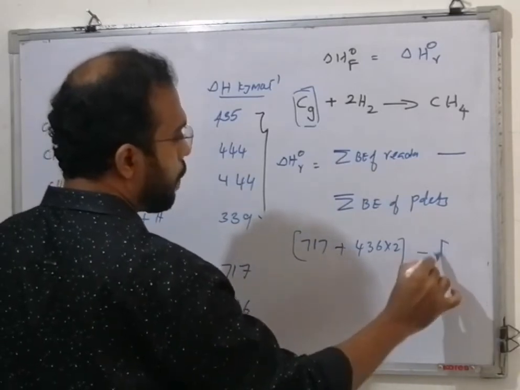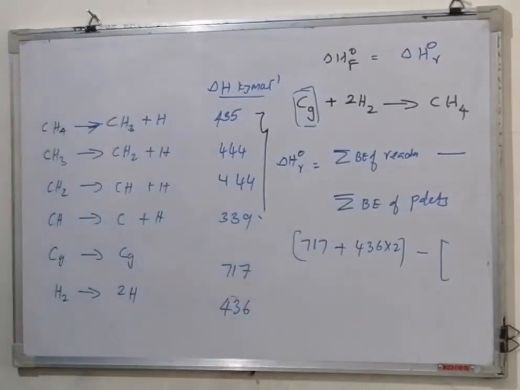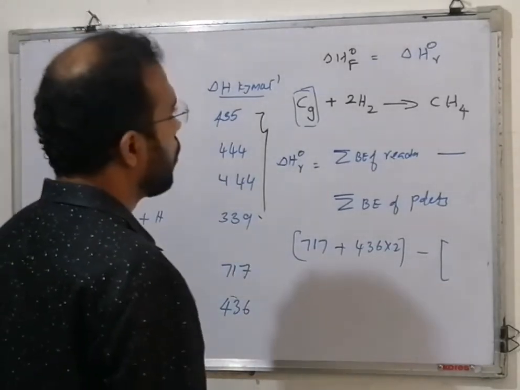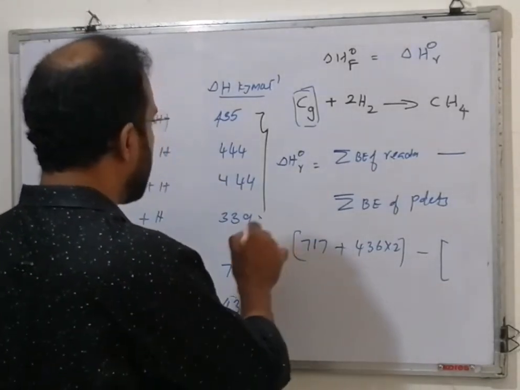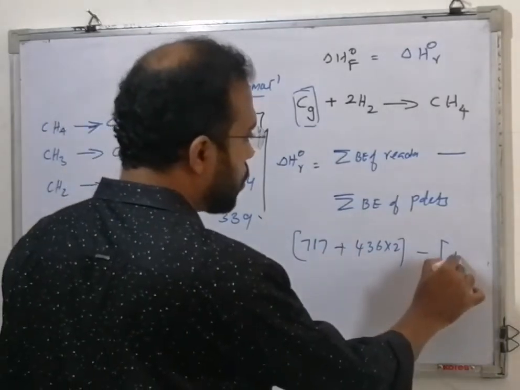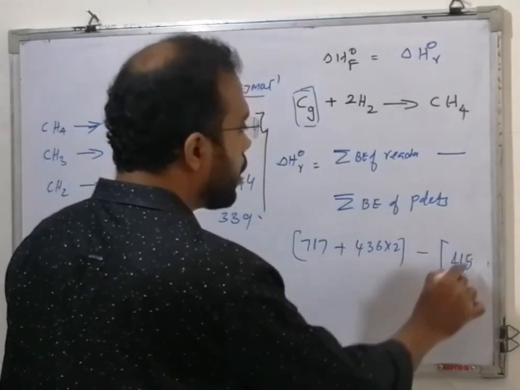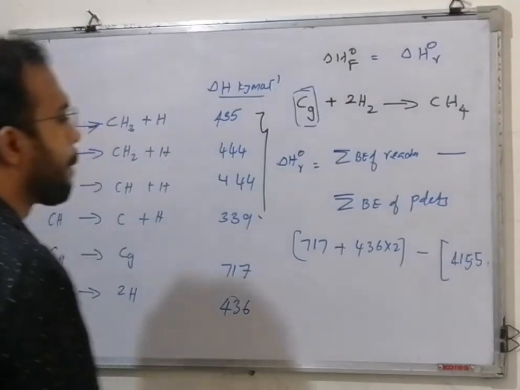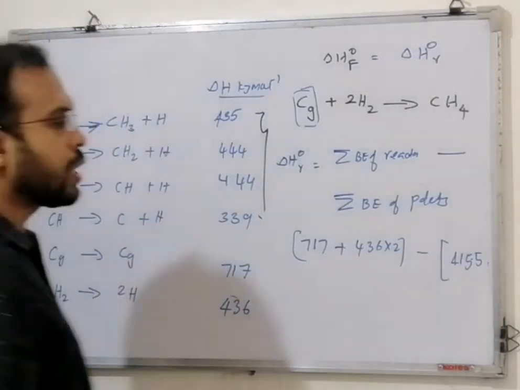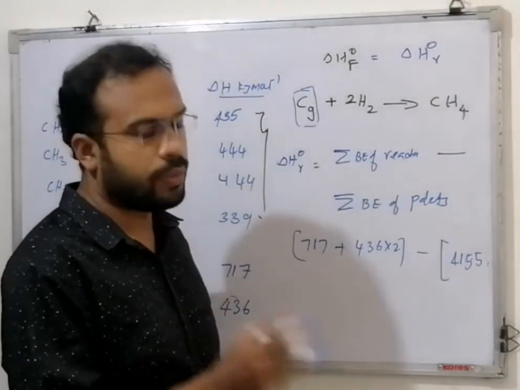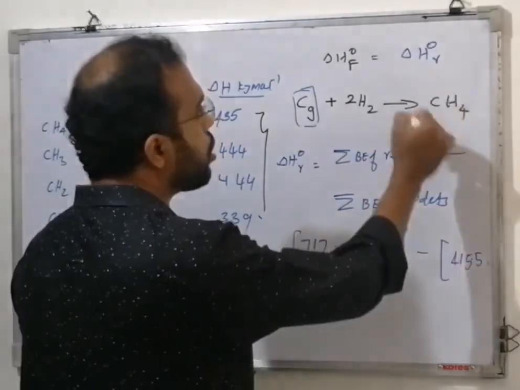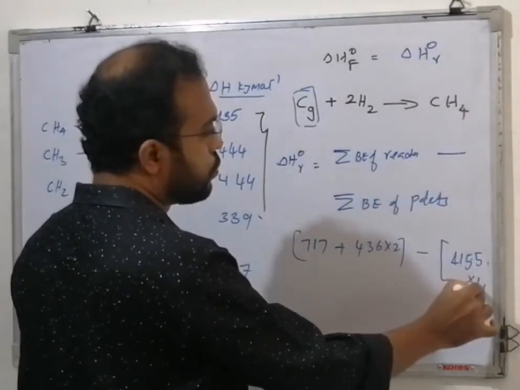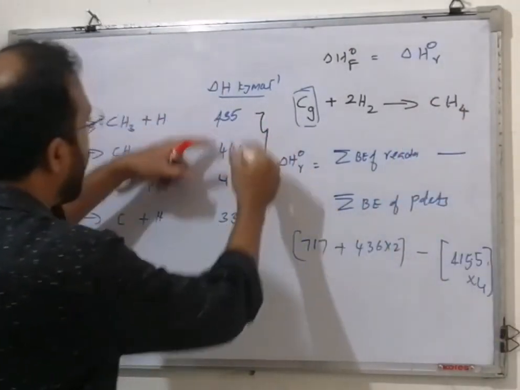Minus, what is the bond enthalpy of CH4? One option is to use the average bond enthalpy, 415.5, that is the average bond enthalpy of 1 CH bond, but in this molecule you have 4 CH bonds, so multiply by 4, or otherwise you add these.